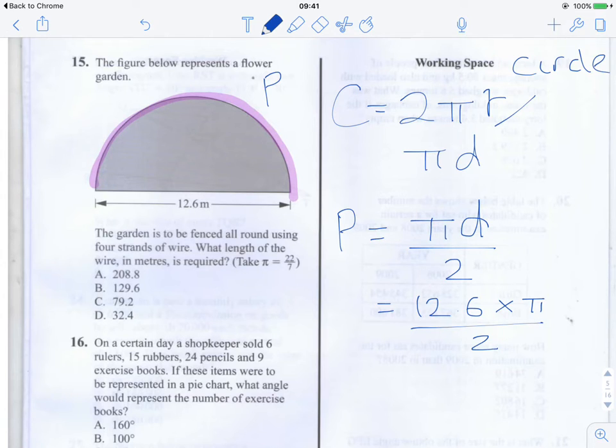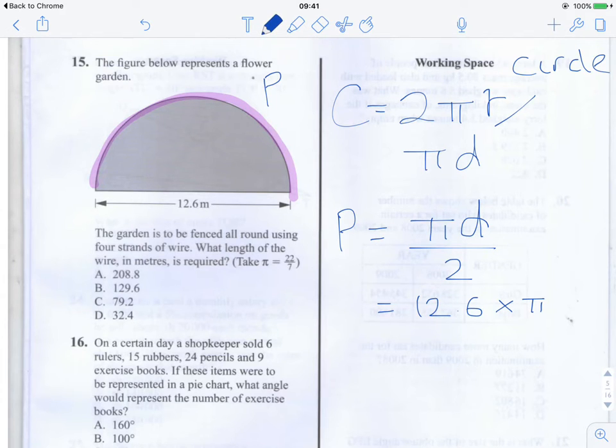We're told to take pi to be 22 over 7. So let's do that calculation. First, it's probably easier to simplify this fraction. 12.6 over 2 gives 6.3, with a 1 at the bottom, which is equivalent to having no denominator.